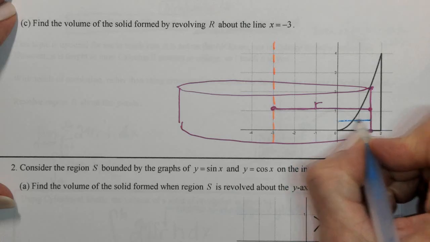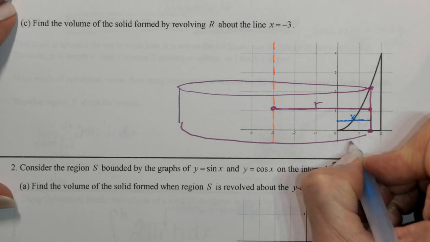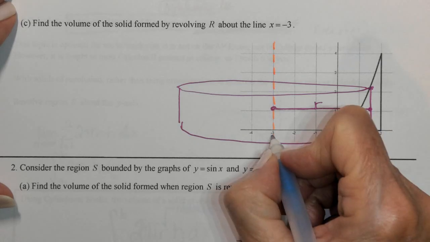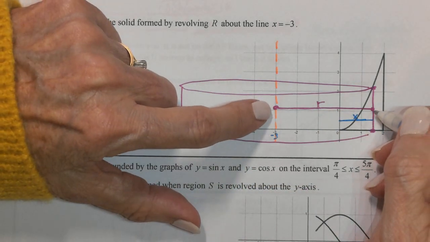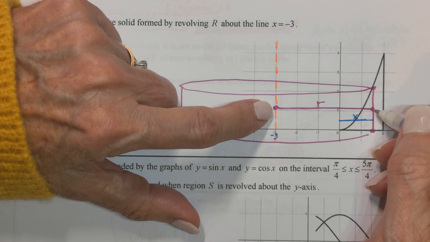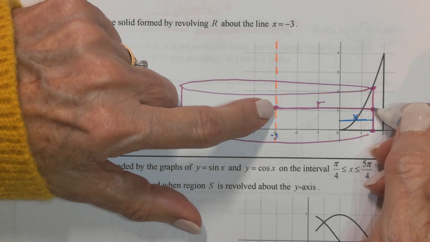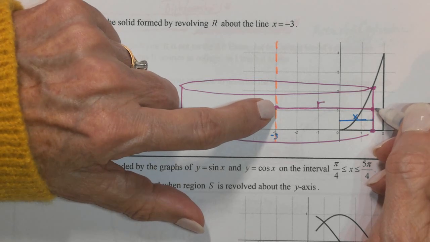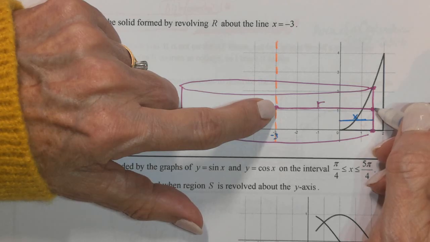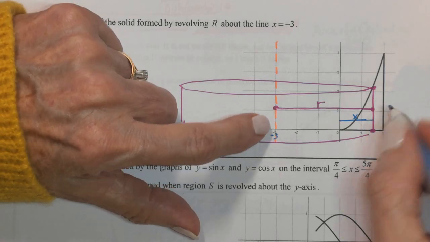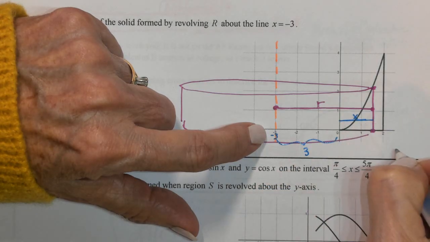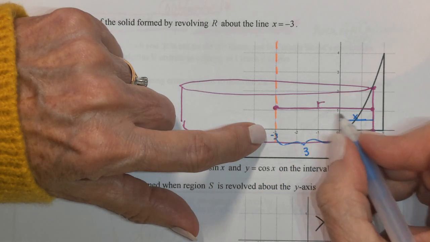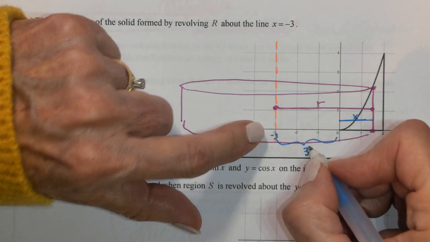So this is x right here. And this is -3 here. So how can I write what R is? R is this distance. R is a distance. So what is R? Well, R is this distance plus x, right? So R in this case is x plus 3.